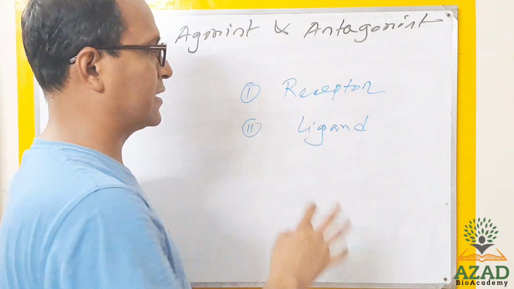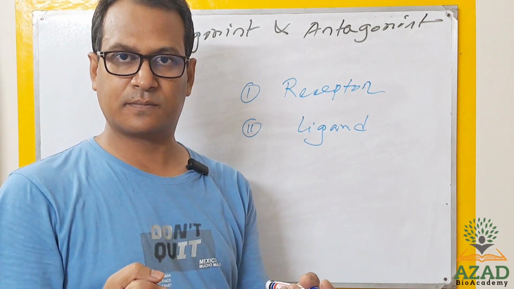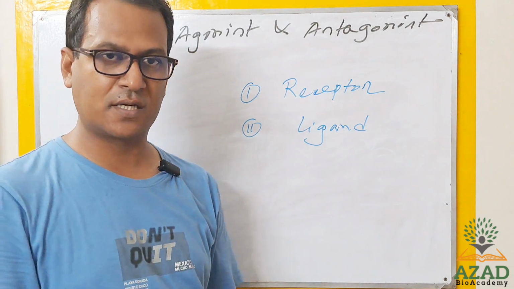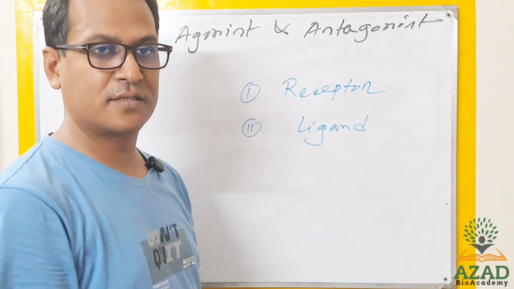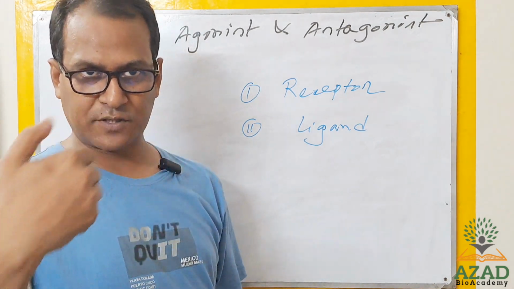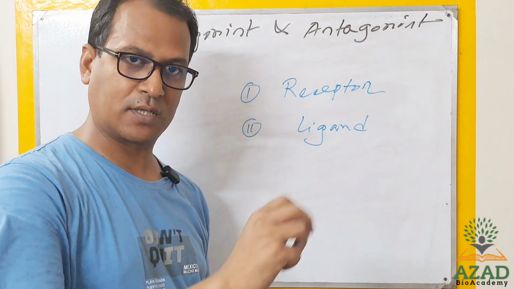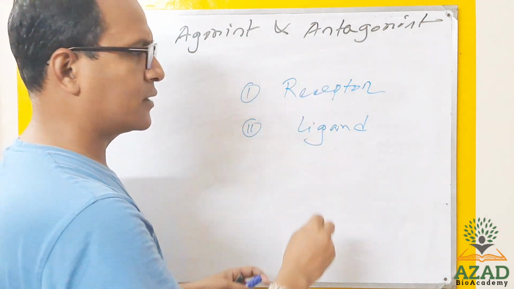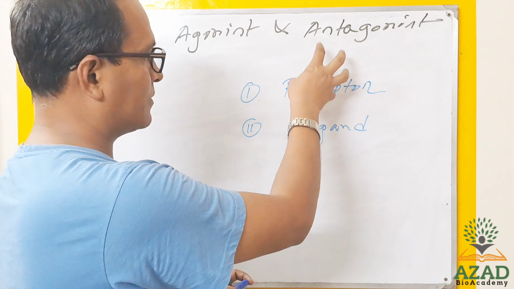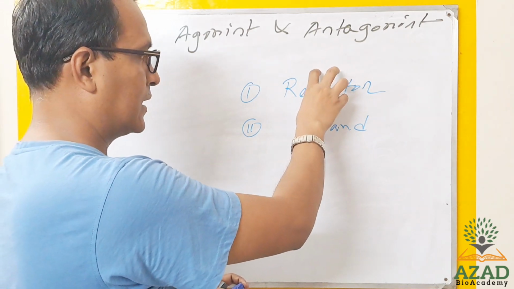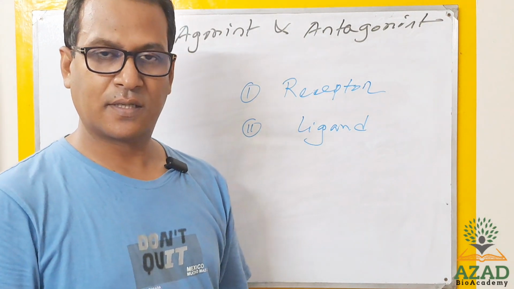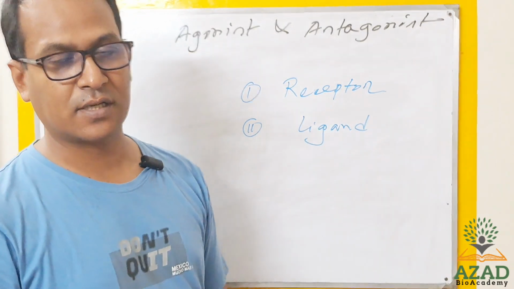So receptor means the macromolecules, basically glycoprotein in nature, but you can also say protein in nature, which are mostly present in a transmembrane form, sometimes also present inside the cell or outside the cell. So why is it called receptor? Because after binding a ligand or some substance, the receptor has the ability to change its conformation, and then it will give a biological response.